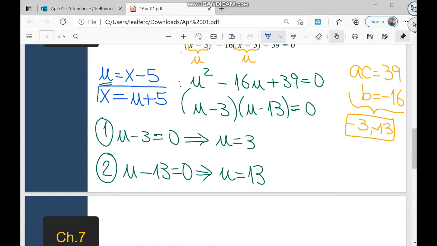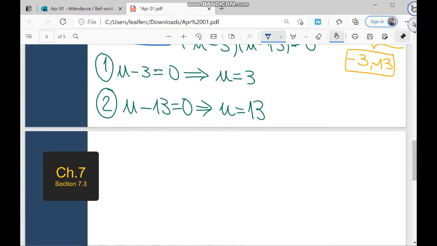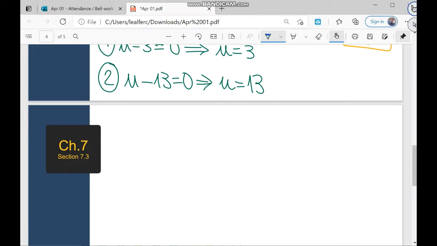Now I'm going to use this, x equals u plus 5. The first answer we have is u equals 3, that means 3 plus 5 equals 8.